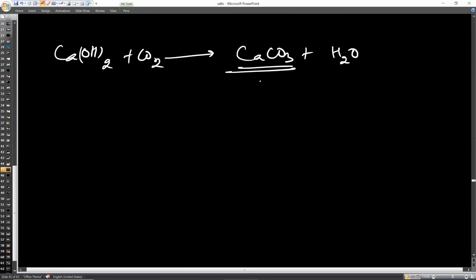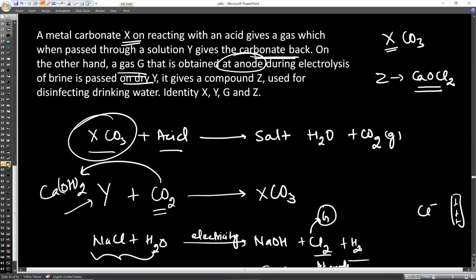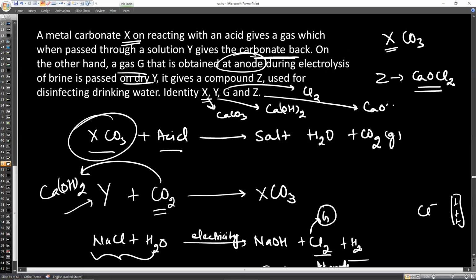So this is the metal carbonate, XCO3, and X is calcium. The metal carbonate is CaCO3. Y is calcium hydroxide. Gas G is chlorine gas. And Z is bleaching powder, CaOCl2.